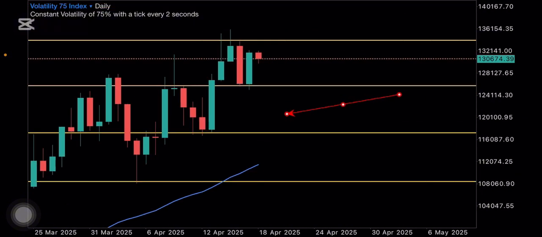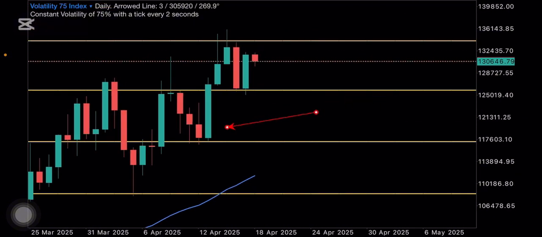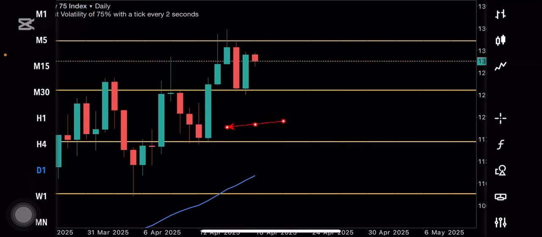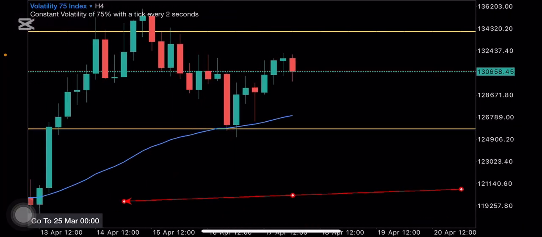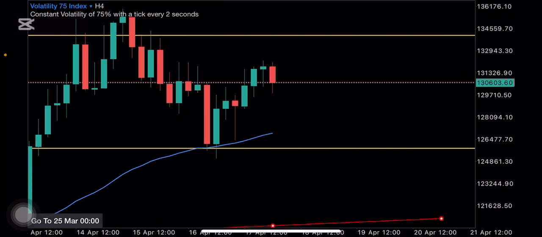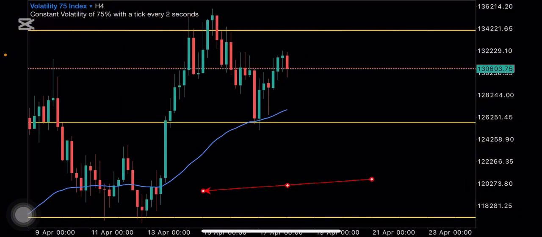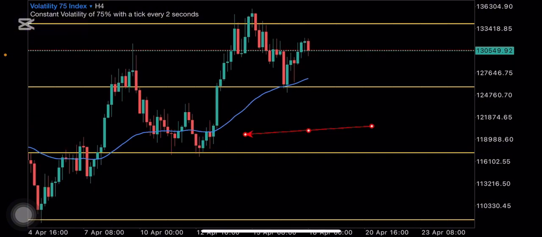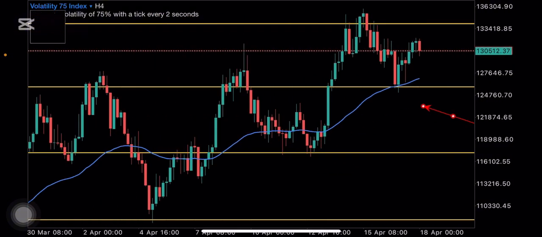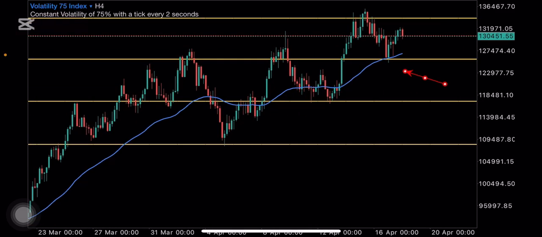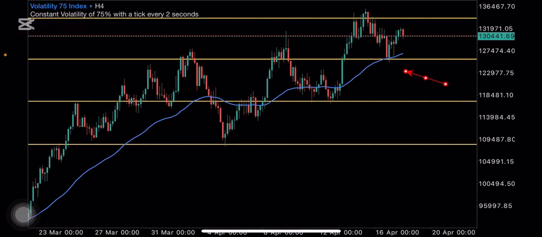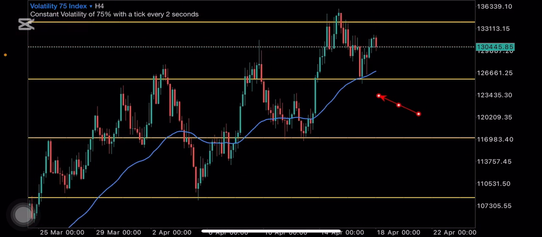Then we'll now go to our H4 time frame. Now on our H4 time frame, this is what we have. Obviously, you should see and know that price is in an uptrend.